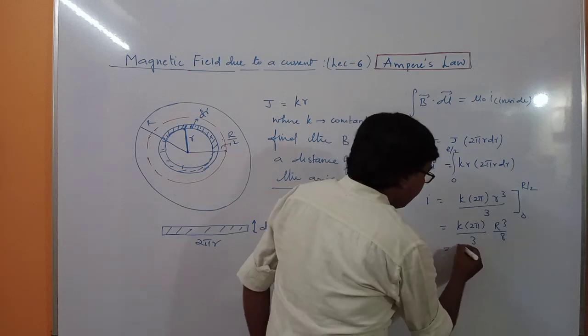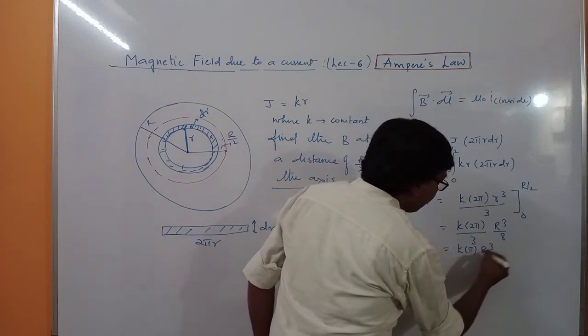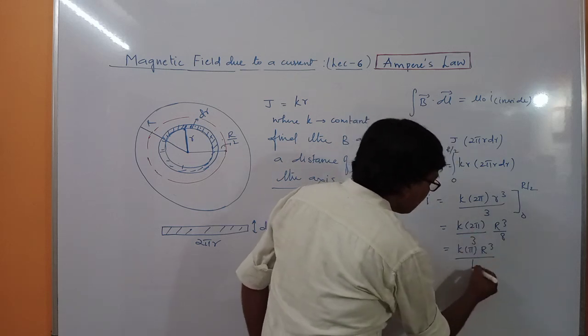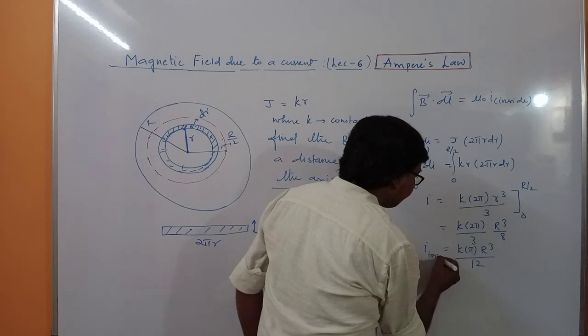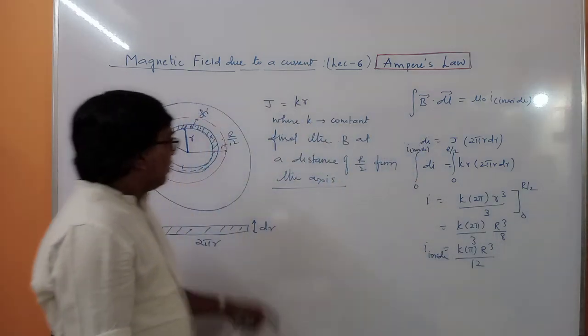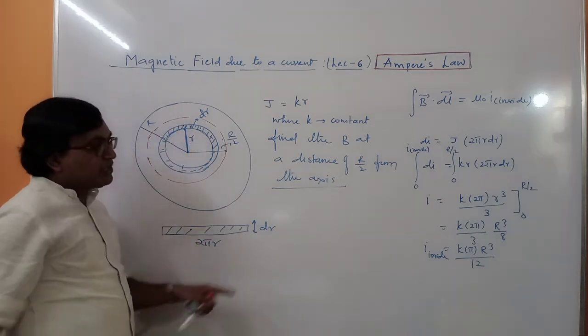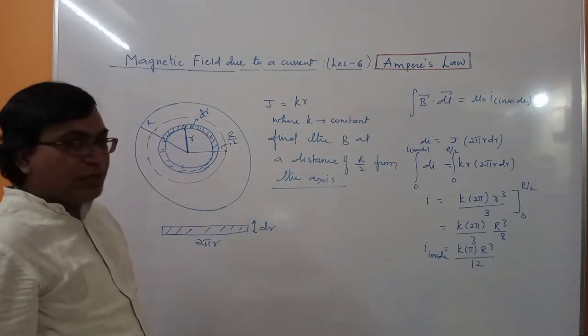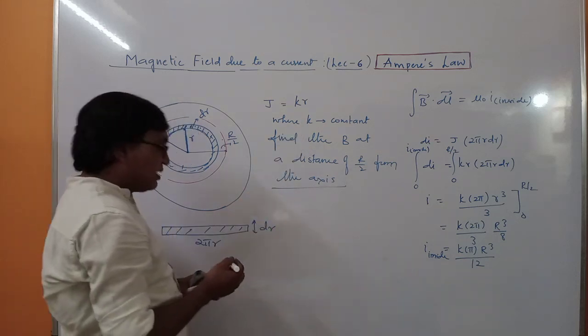Fine, this will be k into pi R cubed divided by 2 to cancel, so 12. So the total current inside at a distance of R by 2 in this circular cross section will be k pi R cubed by 12.